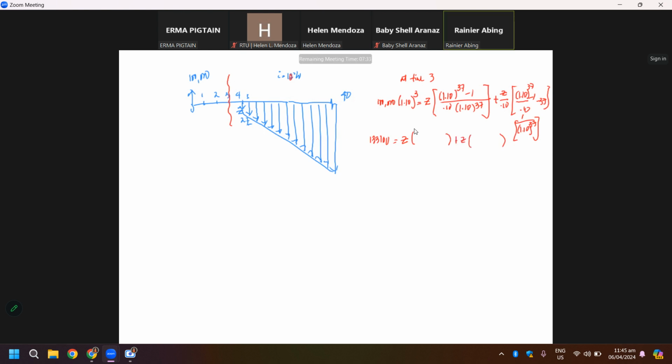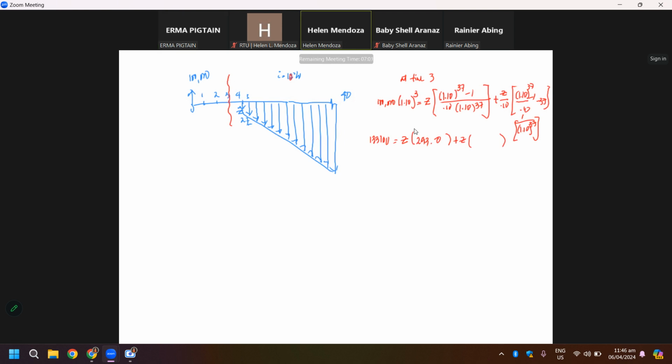Ma'am, sa akin po, 293. Basta sir, bigay mo lang. Hindi ko kabisado eh. Point? Sakto lang po, 293.0. Opo. Sa'yo, Miss Aranyas? 1.10 raised to 37 minus 1. 33.00.